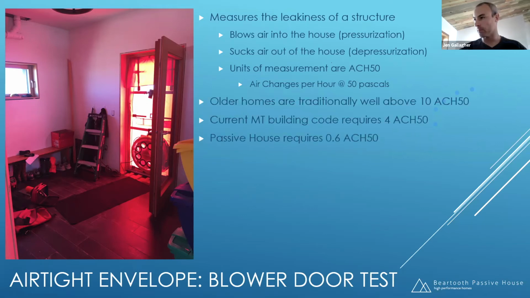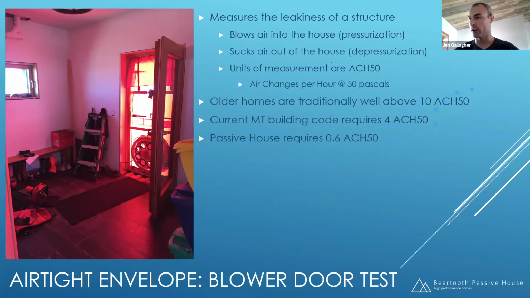Okay. So older homes, traditionally an ACH well above that. The home that we lived in Denver when we lived there was built in the late 80s. I think we were at 12 whenever we had a blower door back in 2010, before I knew anything about any of this stuff. Current Montana building code requires 4 ACH 50.